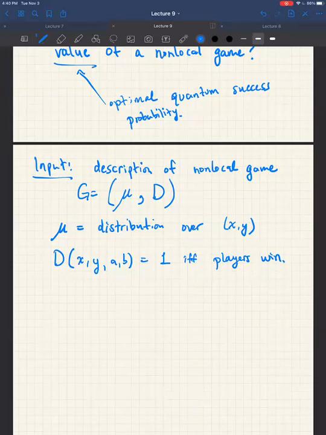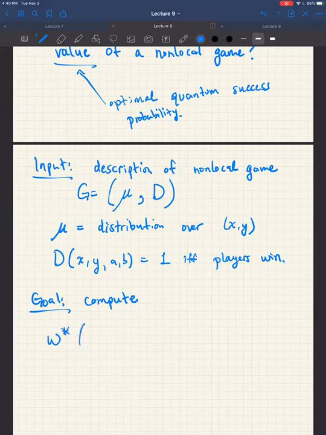And so the goal is to compute what I call omega star G. This omega star just means the quantum value. The star is just for historical reasons, meant to denote that the players are allowed to use quantum strategies.